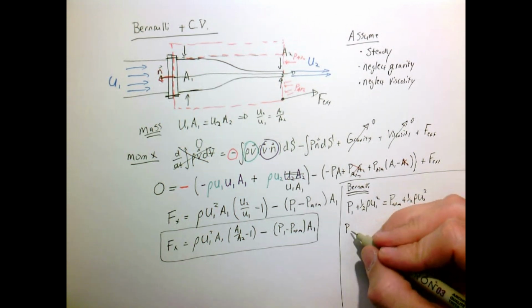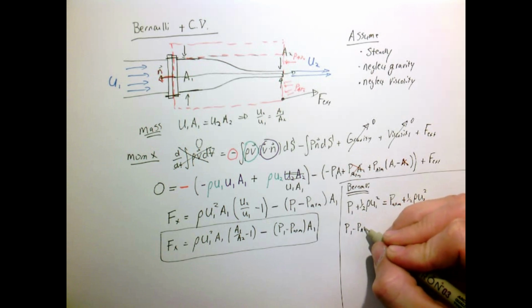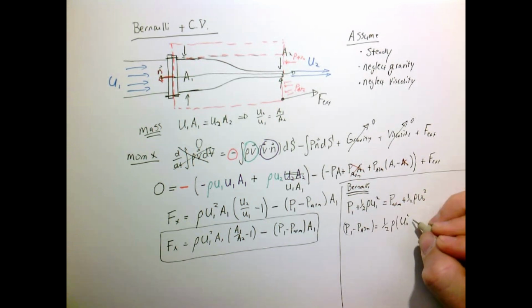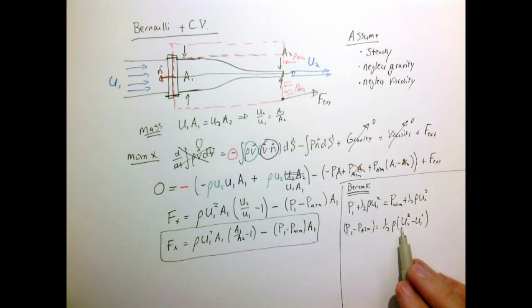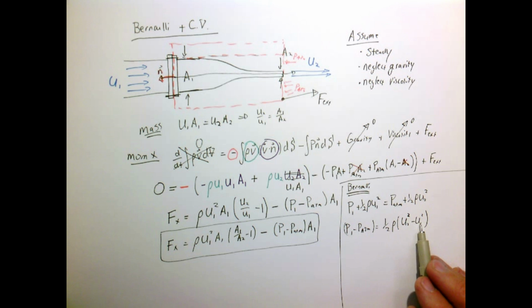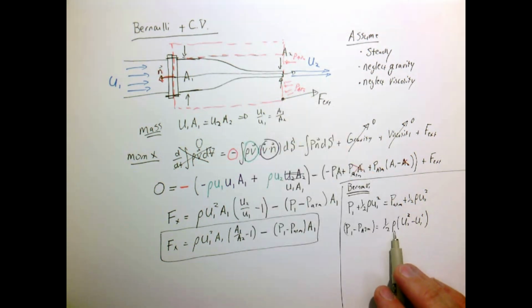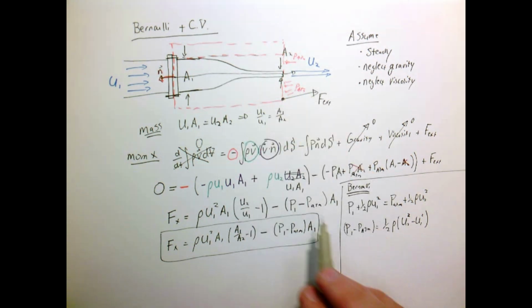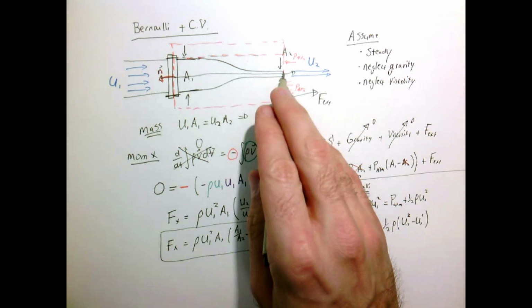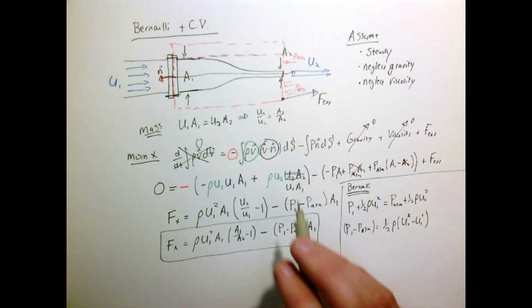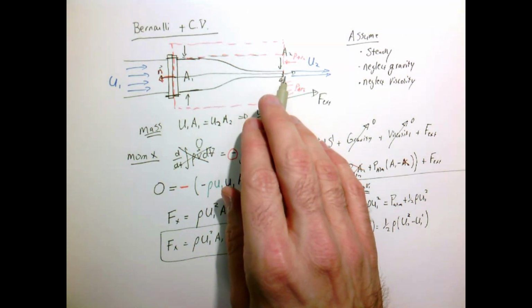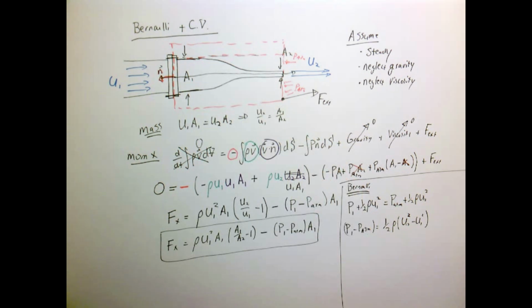So I can rearrange this to be P1 minus P atmosphere equals 1/2 rho times U1 squared minus U2 squared, which is going to be a positive number because U2 is going to be greater than U1. So we expect the pressure at 1 to be greater than the pressure here at the exit, which makes sense from Bernoulli's equation because the velocity is high here, so the pressure is low.